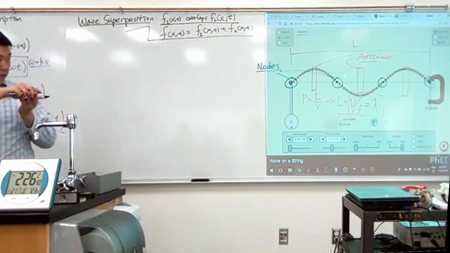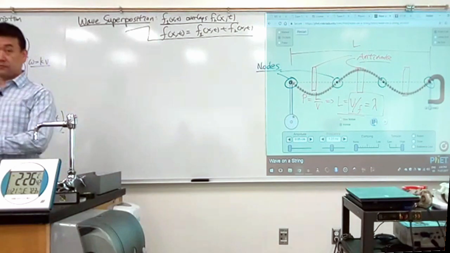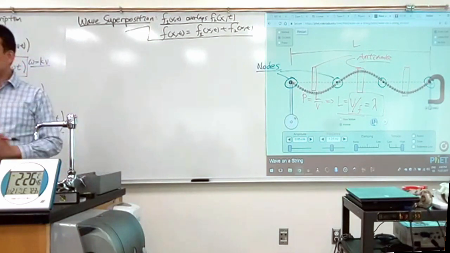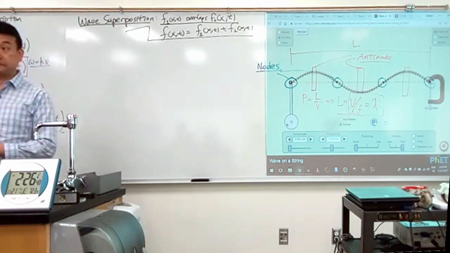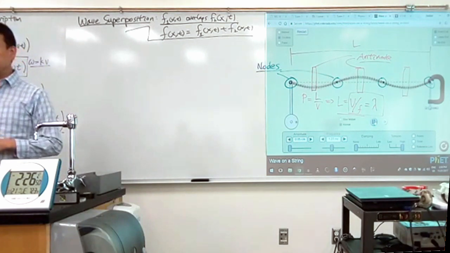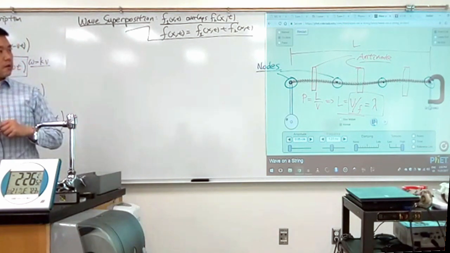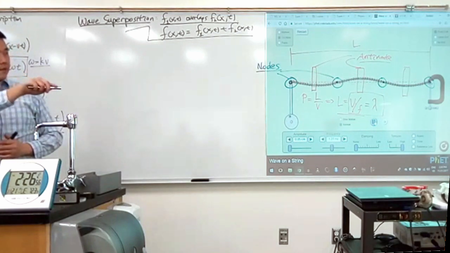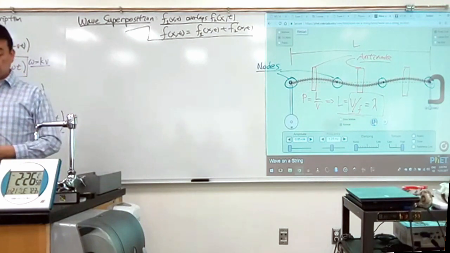If the node is the point on the standing wave that doesn't move, an antinode is the point on the standing wave that moves the most. Good? Okay.